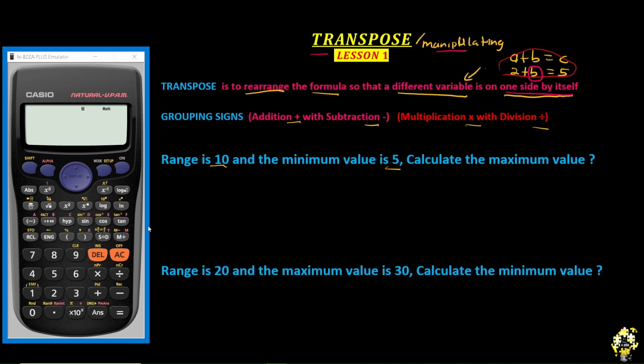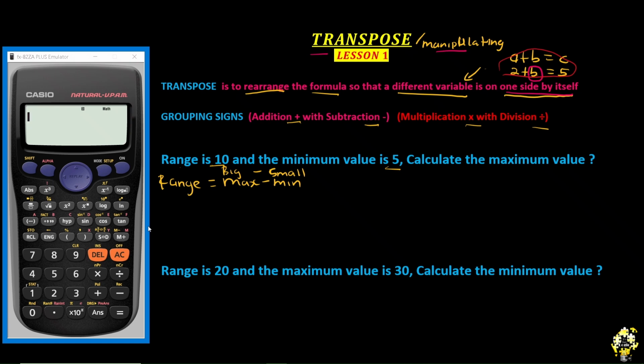Now, range by itself has a formula. The formula for range is that a maximum, you have to subtract a minimum, right? Now, someone could say, but I've never heard that. I've only heard that biggest number minus the smallest number.